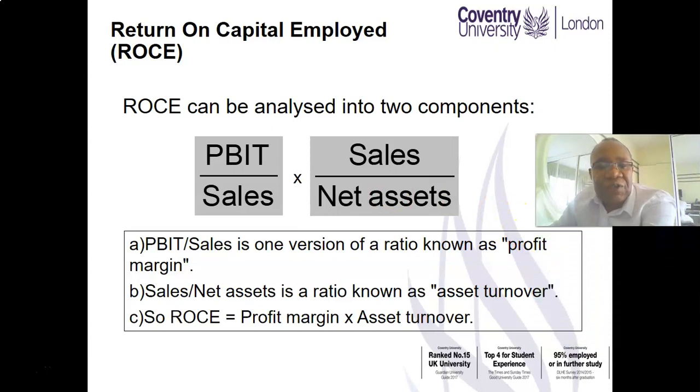That is the asset turnover ratio. So therefore, the return on capital employed is the profit margin multiplied by the asset turnover. In effect, this means that if there is a change in the ROCE, the return on capital employed, that change can be explained either by a change in the profit margin or a change in the asset utilization, or both.